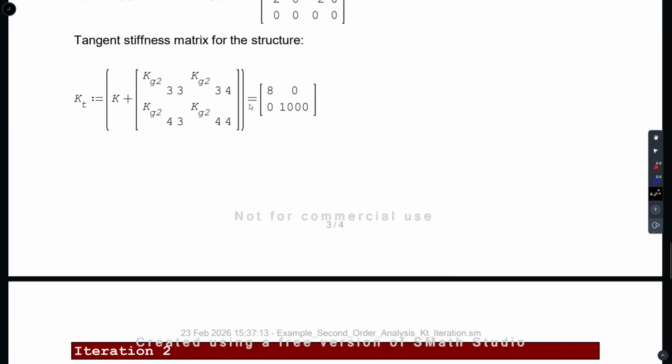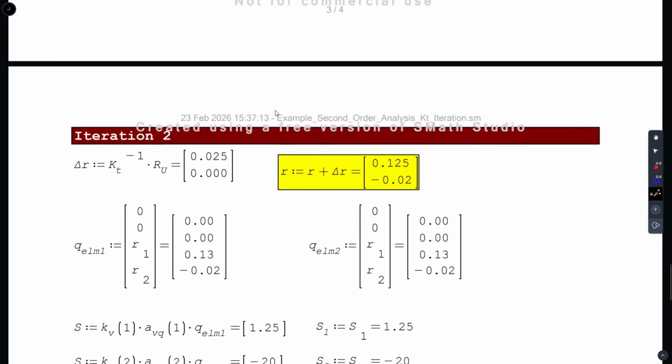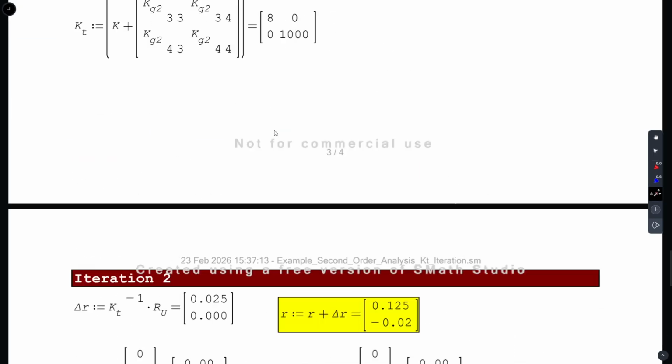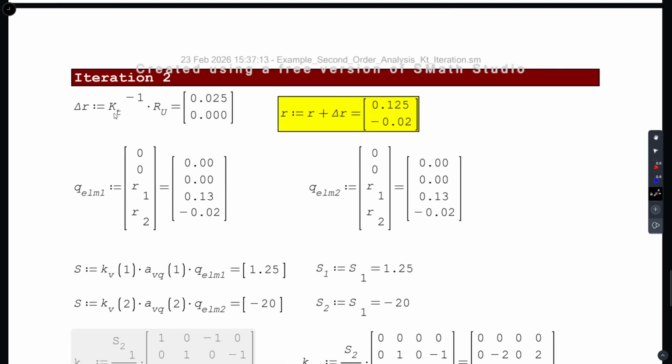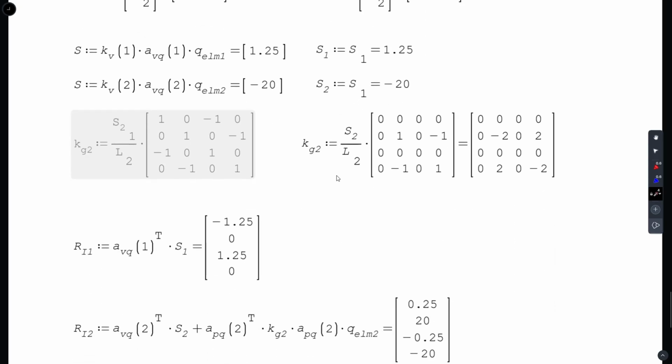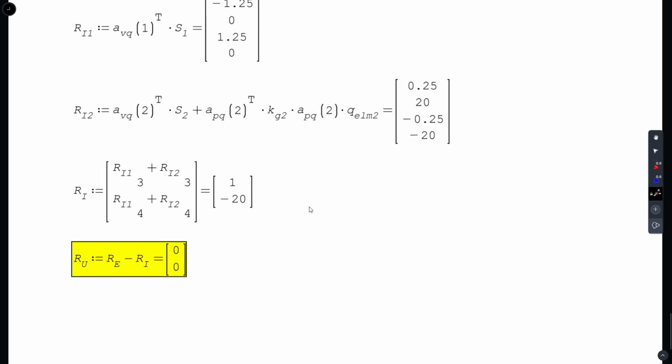Now using this tangent stiffness matrix, if I do the iteration, this is stored in KT. So if I now do KT inverse Ru, you can see these are my final results. I got it in one iteration right after using KT, or total number of iterations is equal to 2. So calculate the internal forces and eventually you find that the unbalance is equal to 0.